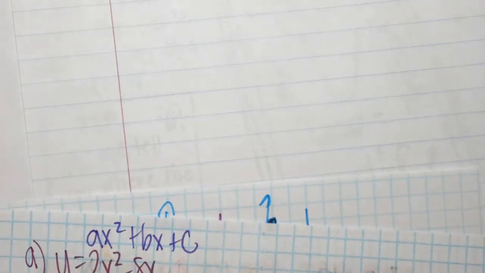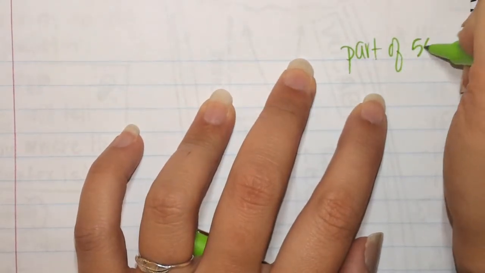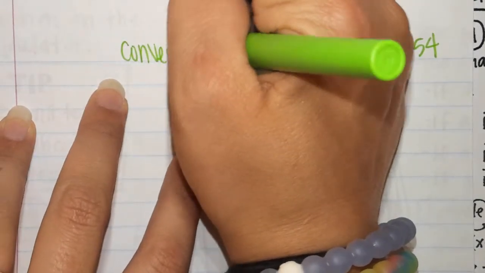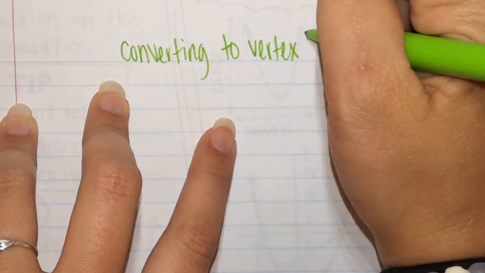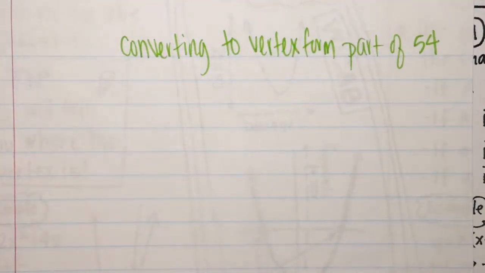This could probably be 54 B, C, D, E, F, G. We'll just write at the top part of 54. Alright, converting to vertex form. That's what we're going to do first.